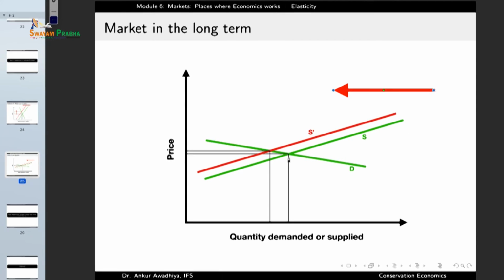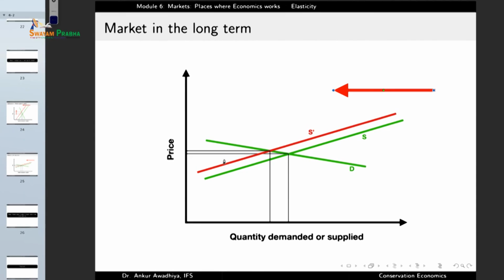What happens to the prices now? Now, the earlier equilibrium was this, where the green curves were intersecting. So this was the early price, and this was the quantity that was demanded or supplied. In the new scenario, this is the new equilibrium, and this is the equilibrium price, and this is the equilibrium quantity that is demanded or supplied.